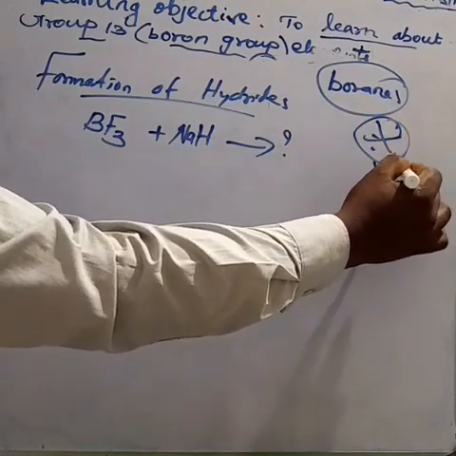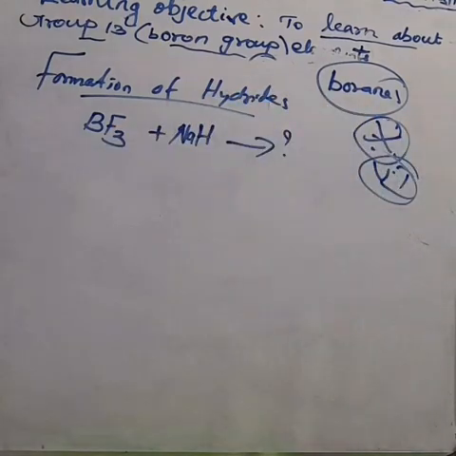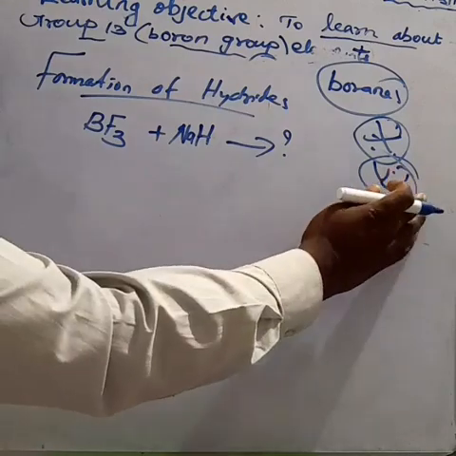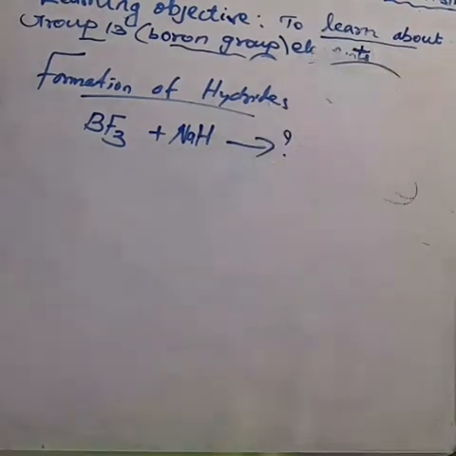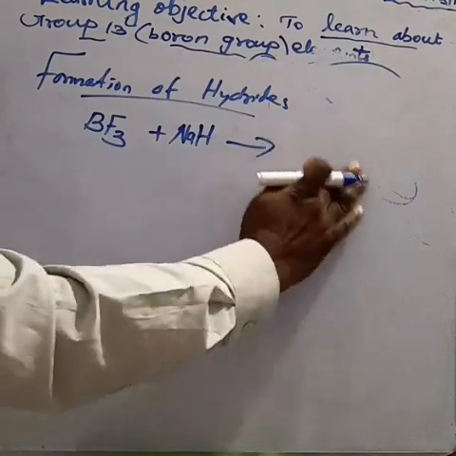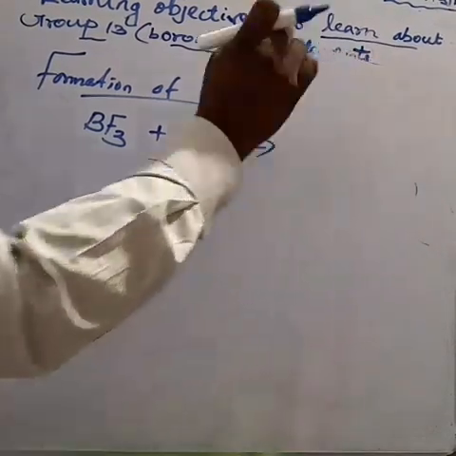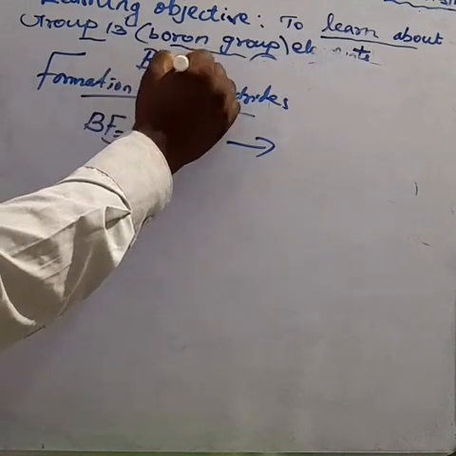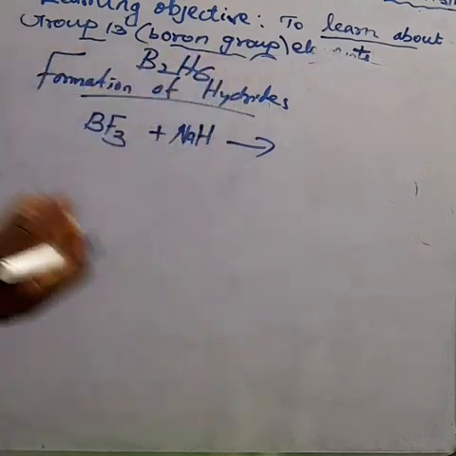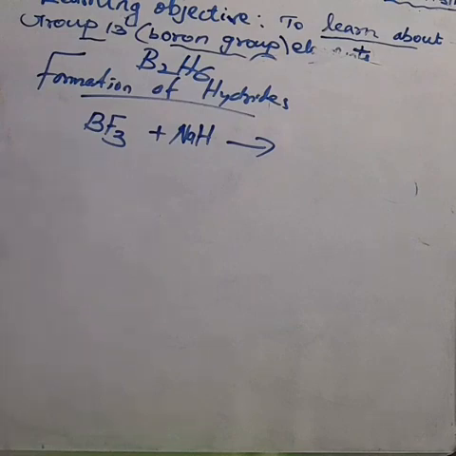What is about the boranes? Boranes, the formula is BxHy. Diboranes. The simplest borane is diborane. What is the formula? B2H6. Other larger boranes can be prepared from diborane.